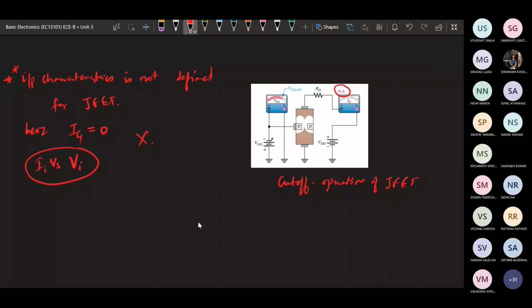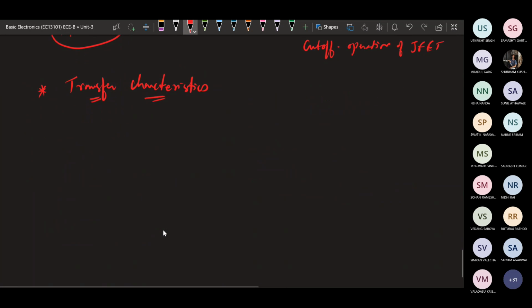The other plot that is defined is called the transfer characteristics. So we will be plotting the transfer characteristics. The transfer characteristics plot will be with respect to ID. ID will be the output current, in milliamperes, versus the input voltage, that is VGS.